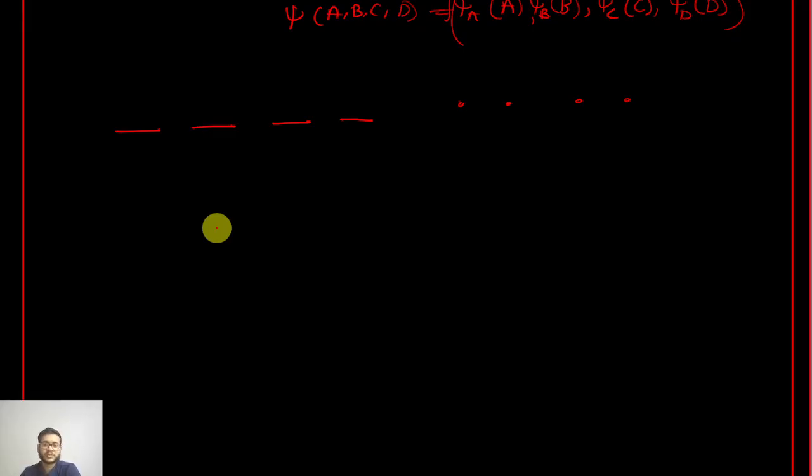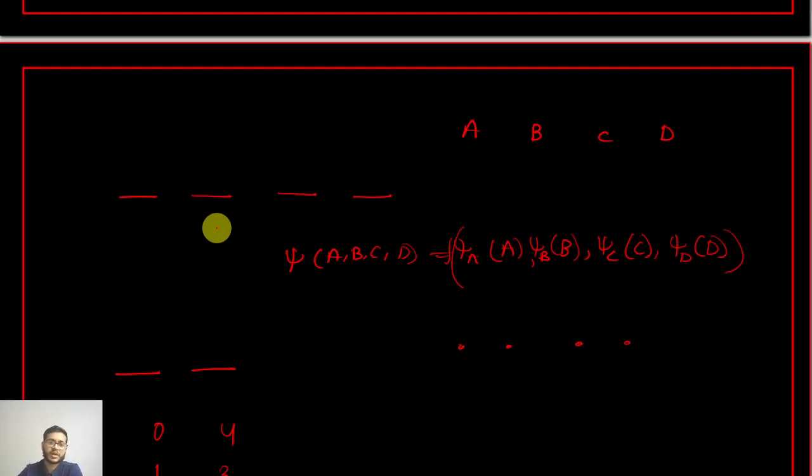Because they're indistinguishable, the only possibilities are how many of them are in state 1, how many in state 2, how many in state 3, how many in state 4. For simplicity, if you consider only two states, the different possibilities will be 0,4; 1,3; 2,2; 3,1; and 4,0.